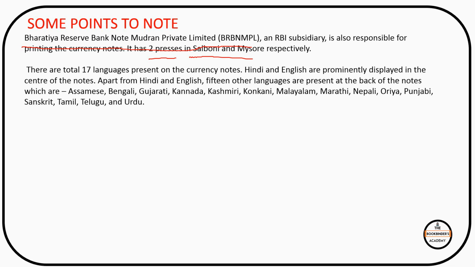These are the other 15 languages. If you want, you can remember all the languages, and mainly you need to remember that there are 17 languages, out of which 2 are Hindi and English, and the other are 15 other languages. And these 17 languages are basically the officially recognized languages in India.